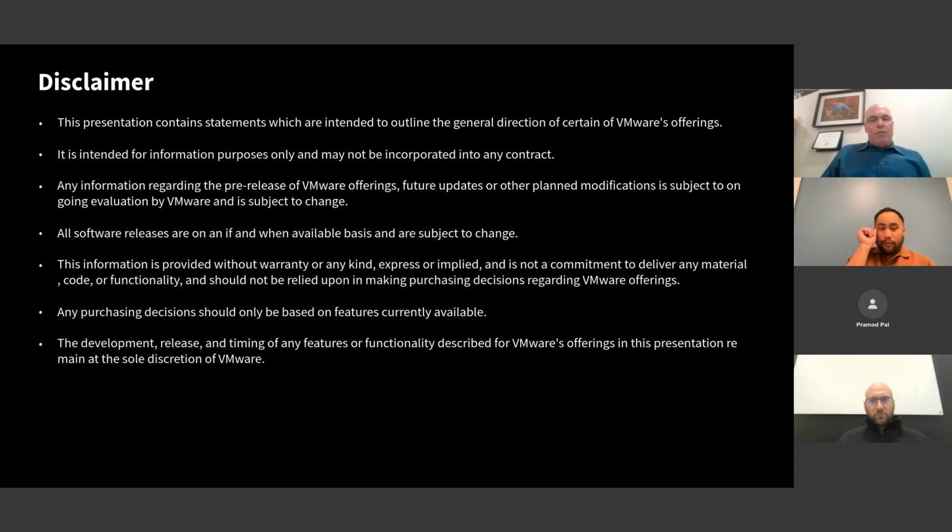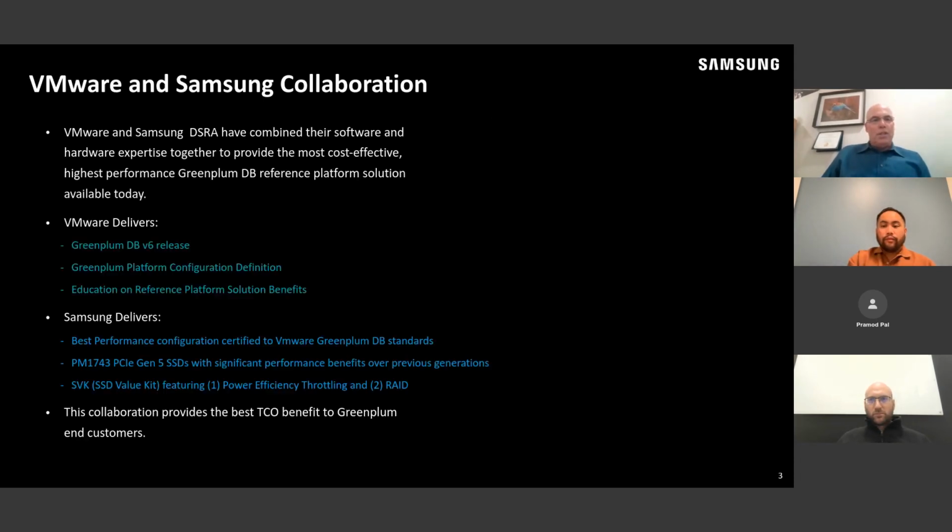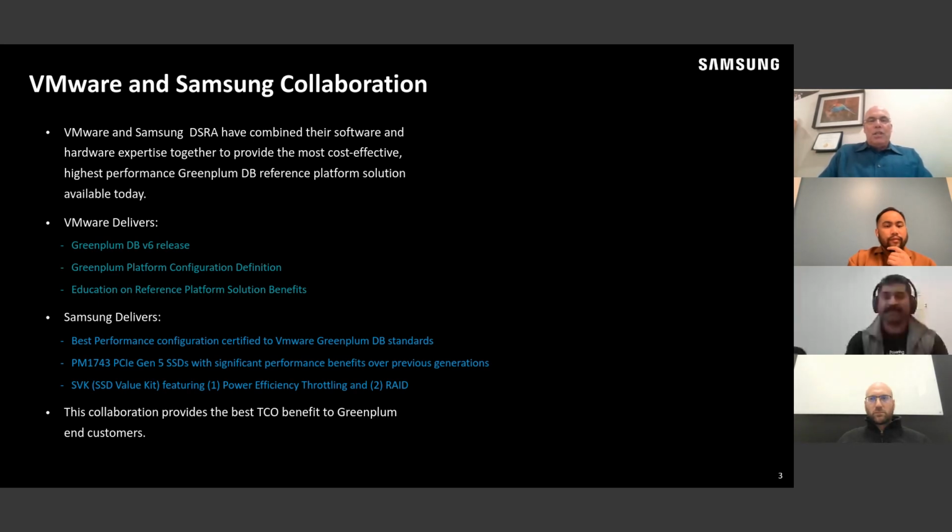So moving ahead from the legal disclaimer, let's get into our presentation. So first of all, why VMware and Samsung? Well, VMware is excellent at software, virtual machines, software-based solutions, and Samsung, amongst other things, is excellent through device technologies, including solid-state drives and memory.